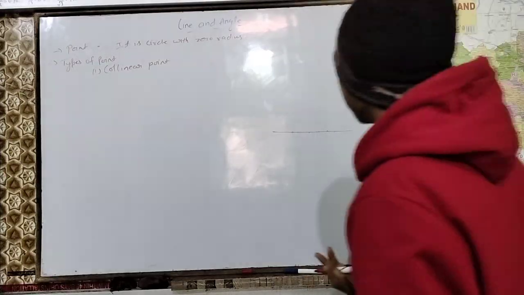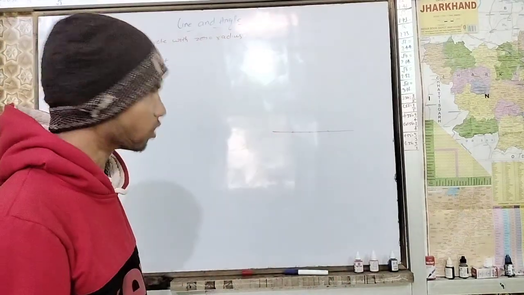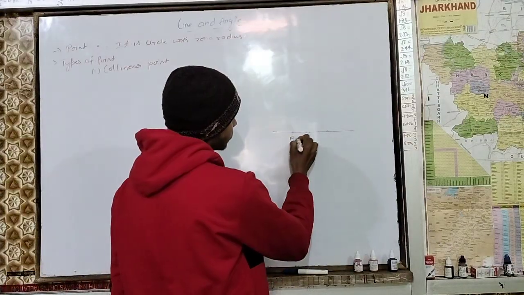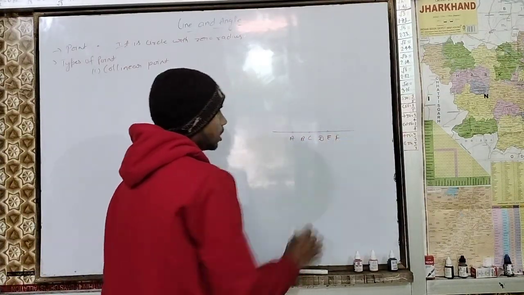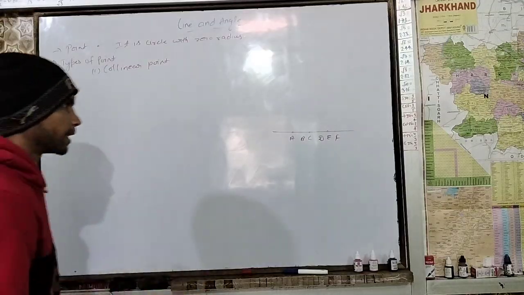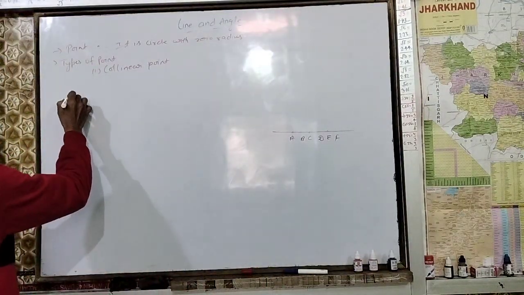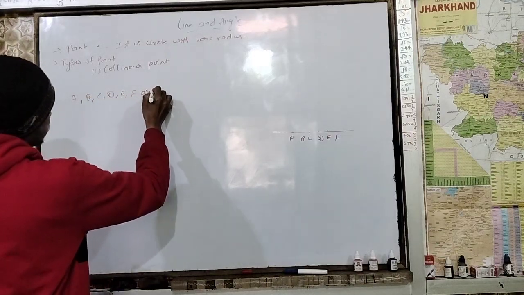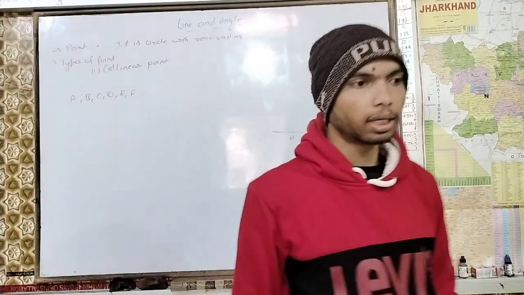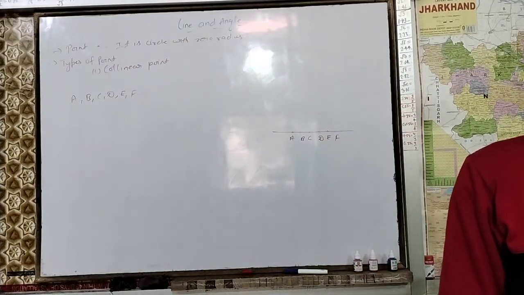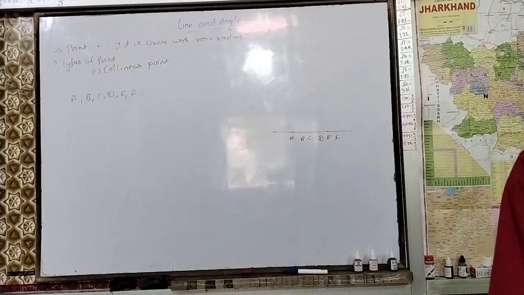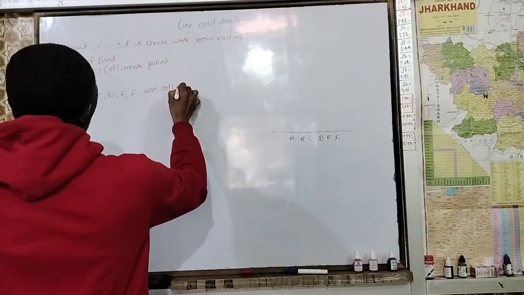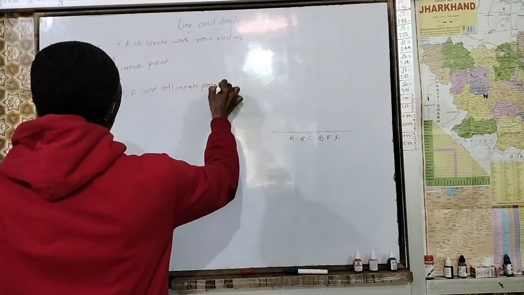So how to write it in mathematical language? For example, let's call these points A, B, C, D, E, F. We will write it like this: A, B, C, D, E, F are collinear points.